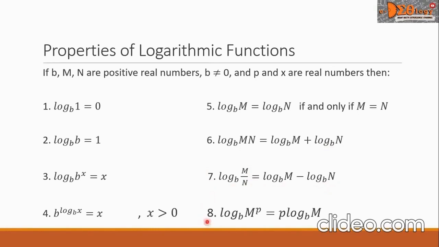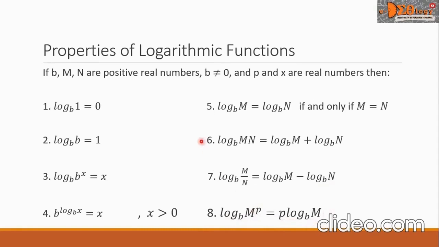Property number 8. The log of M raised to an exponent p to base b is equal to p, the exponent, now put down as a factor. So this is p times the log of M to base b.